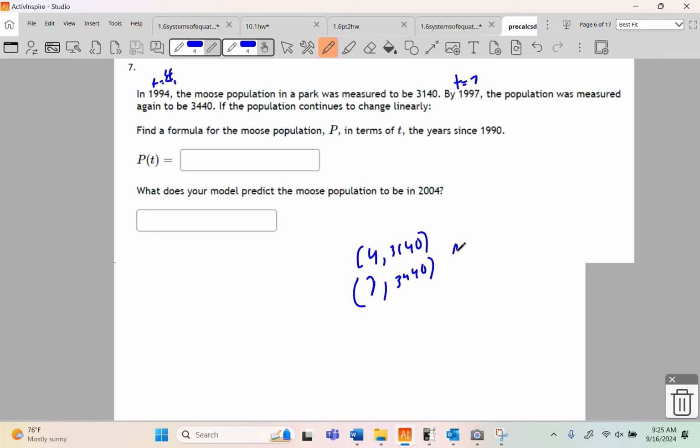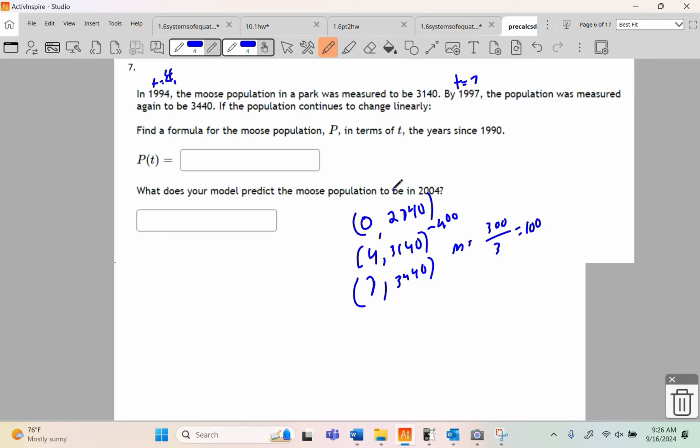All right, so let's do your slope. Your slope is the change in y, which is 300, over the change in x, which is 3, which is 100, which means we gain 100 moose per year. That's nice. Now, if we go back to when time is 0, we would lose 400 moose, which should be 2740, because in 4 years I lost 400.